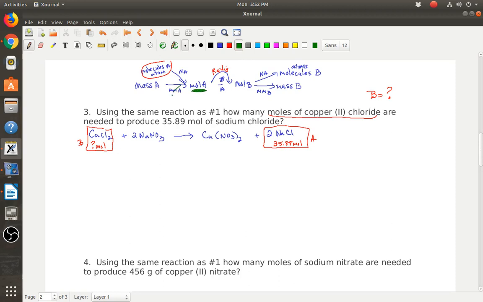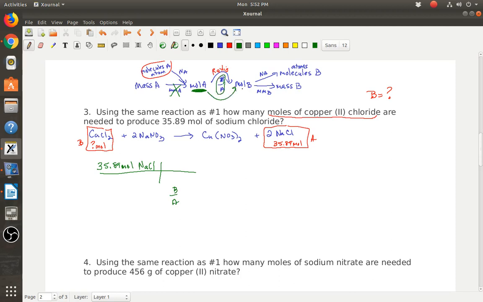I don't even need the molar mass of A this time. I just need the number of moles. So we start with 35.89 moles of sodium chloride. See, I didn't even have to calculate the molar mass. I need the ratio B over A. That's what I need next.